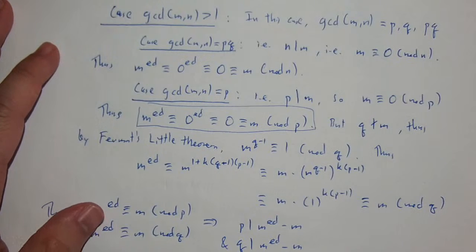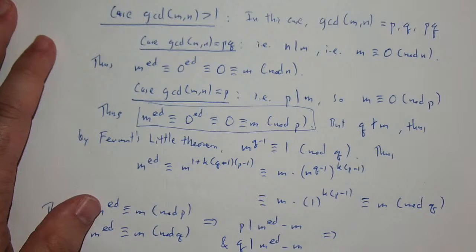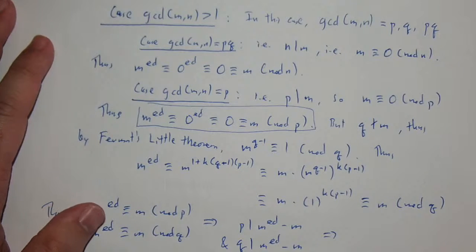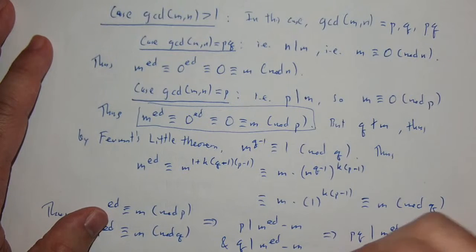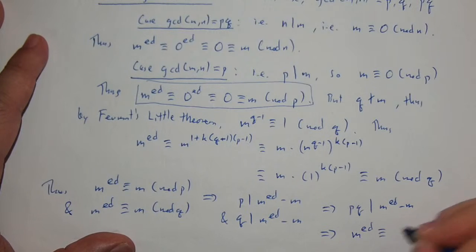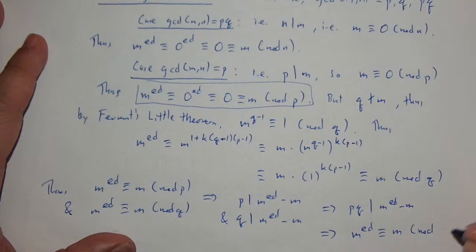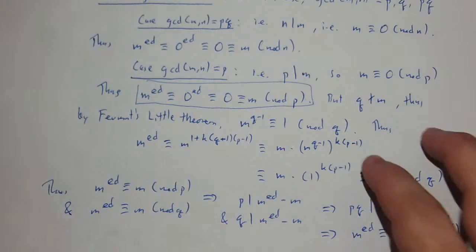Right? But what does this mean? This means that pq divides m to the ed minus m, or that m to the ed is congruent to m mod pq. But pq is n. So we're done.